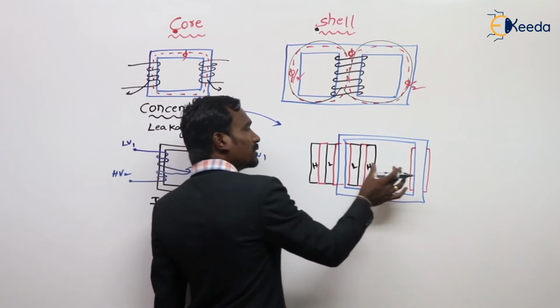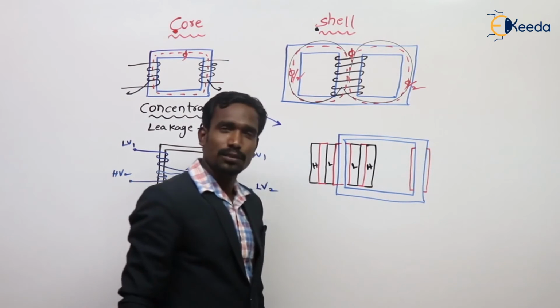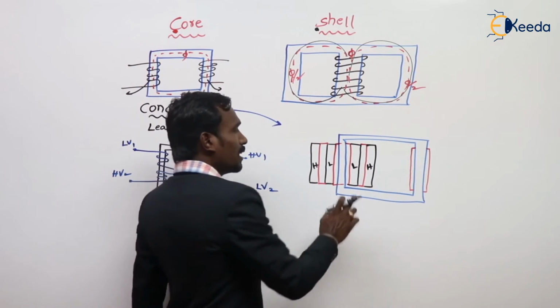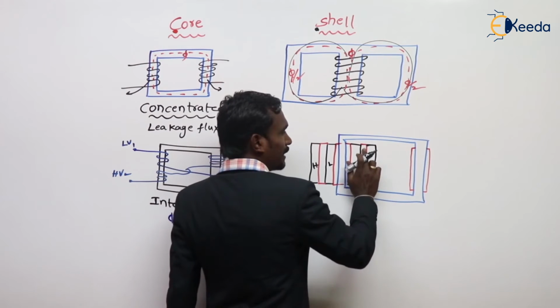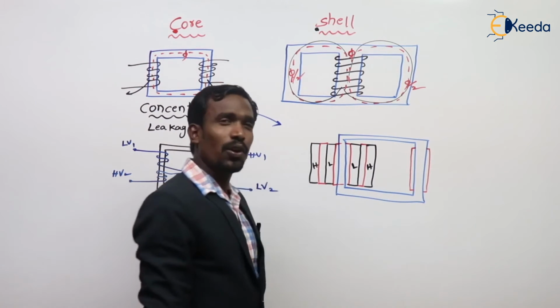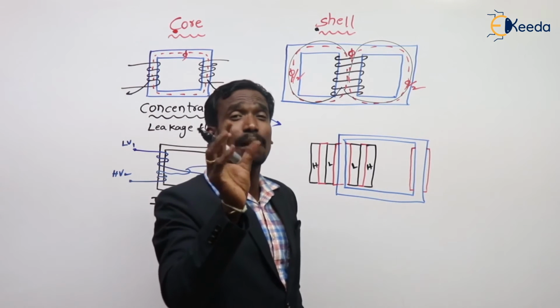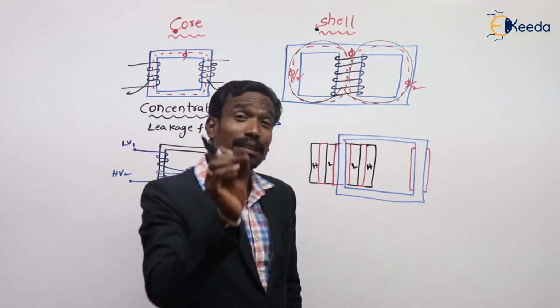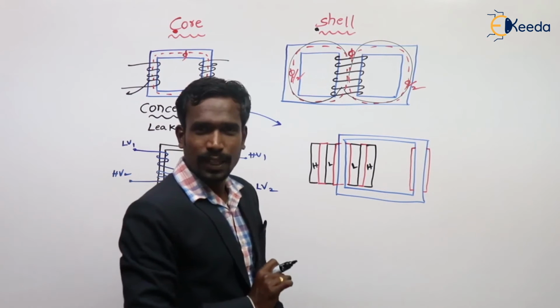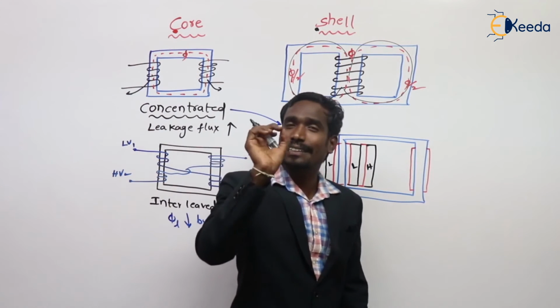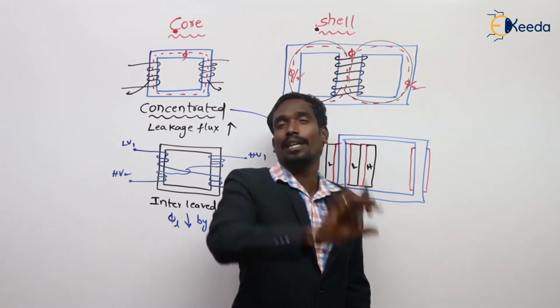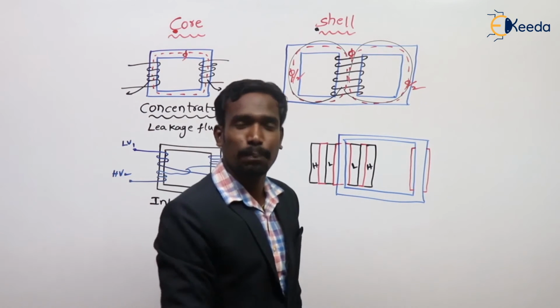The same procedure on another limb also. Here, the LV and HV are separated by insulation. There is no electrical connection. Those two are electrically separated, but magnetically coupled. LV and HV windings are electrically separated, isolated, magnetically coupled windings.